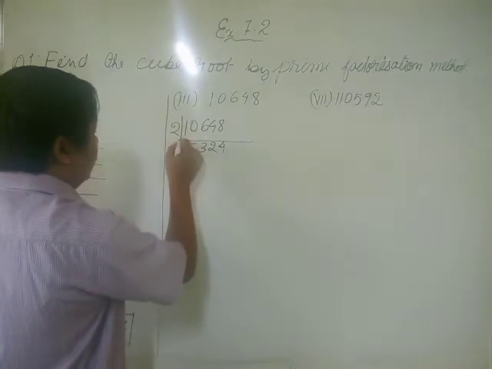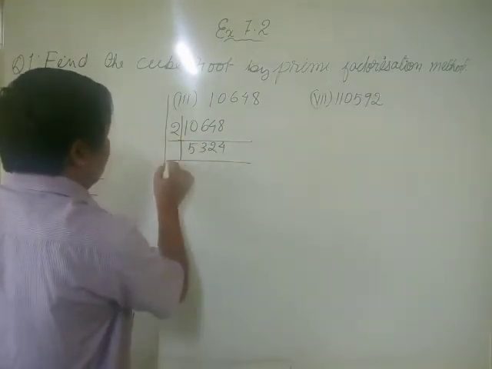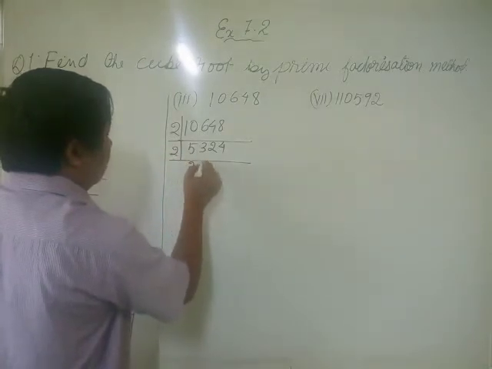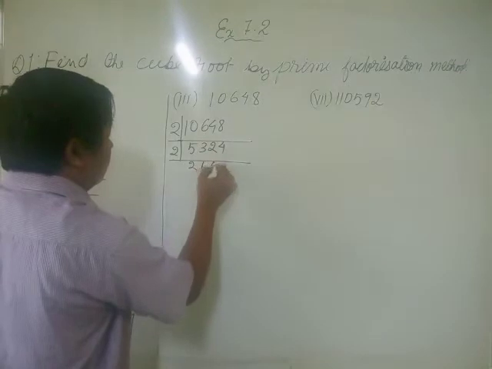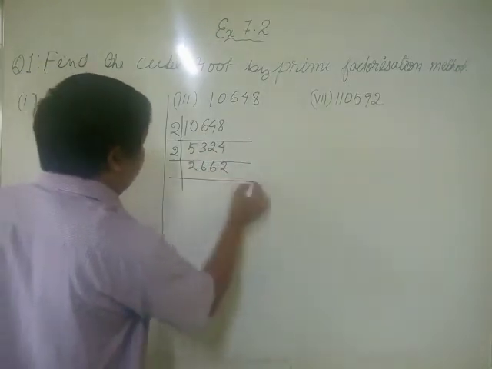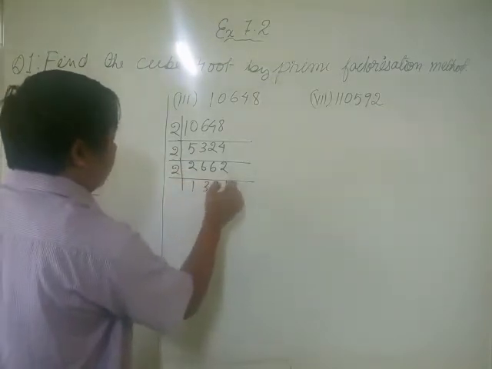Still we can continue with 2 here. 2 2s are 4, 2 6s are 12, 2 6s are 12, 2 2s are 4. Still we can continue with 2 here. 2 1 is 2, 2 3s are 6, 2 3s are 6, 2 1 is 2.